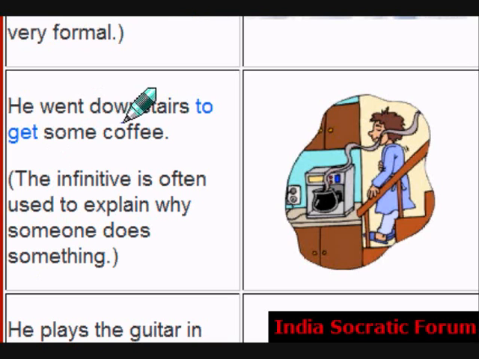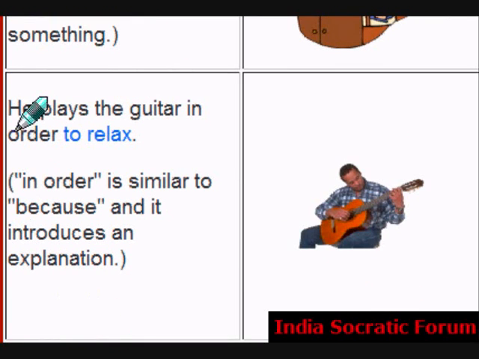He went downstairs to get some coffee. The infinitive is to get and is often used to explain why someone does something. Why does he go downstairs? To get some coffee. He plays the guitar in order to relax.